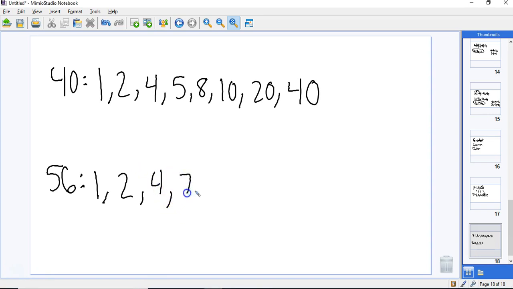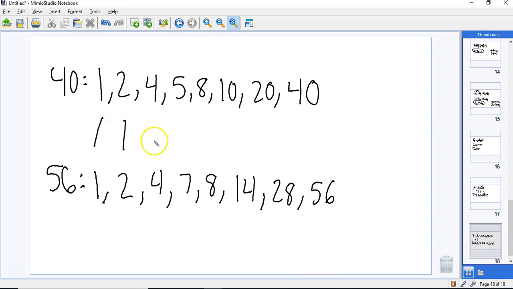And then we've got 7. 7 times 8 is 56. 4 times 14 is 56. 2 times 28 is 56. And then 1 times 56 is 56. So we've got 1, we've got 2, we've got 4, we've got 8, and that's it. So the greatest common factor is 8 between 40 and 56.